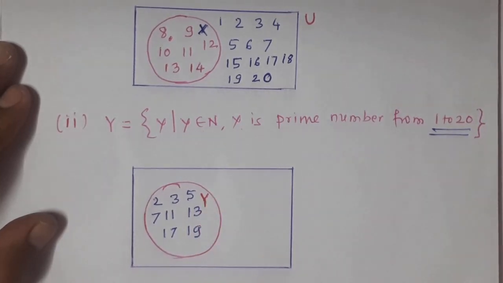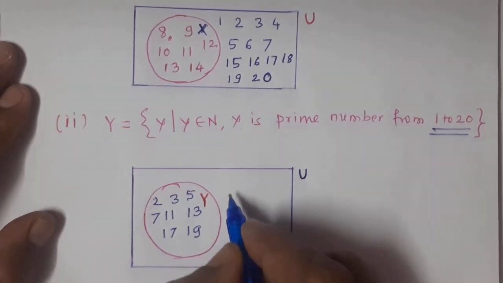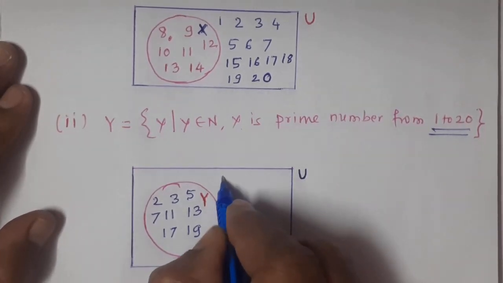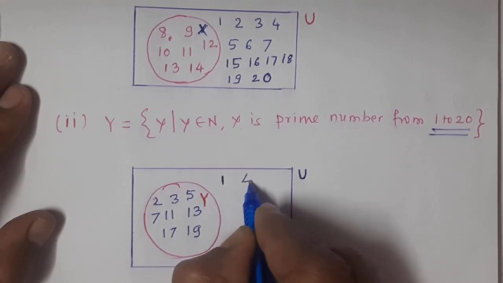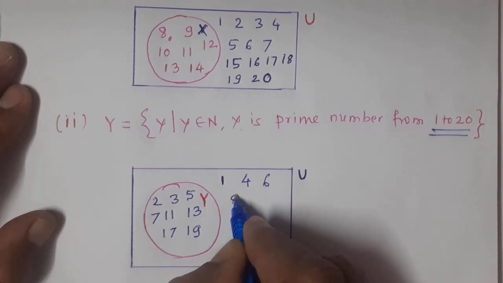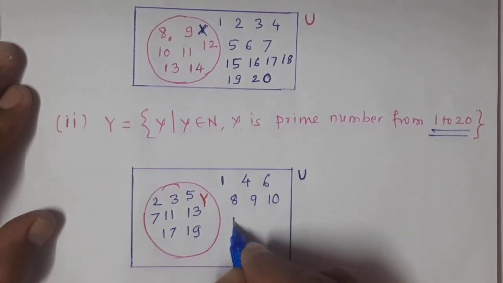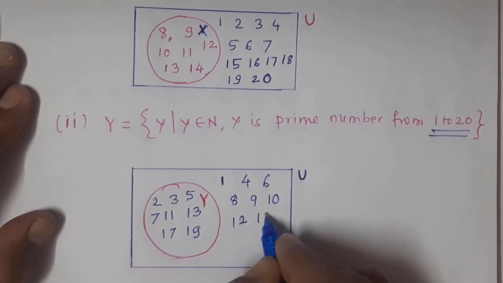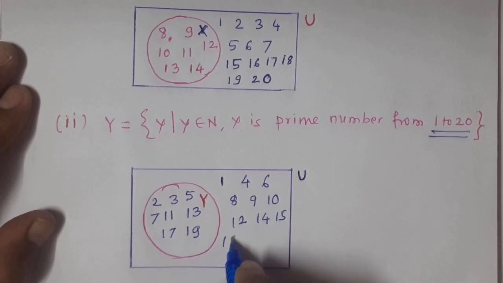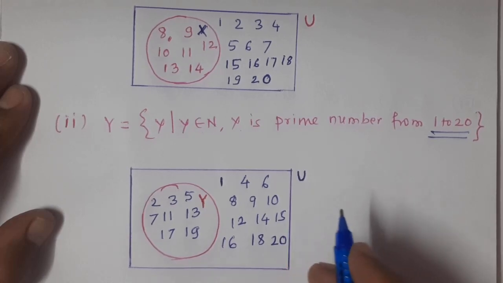But this universal set comprises of what? All the natural numbers from 1 to 20. So I am writing 1, 4, 6, 8, 9, 10, 12, 14, 15, 16, 18 and 20.